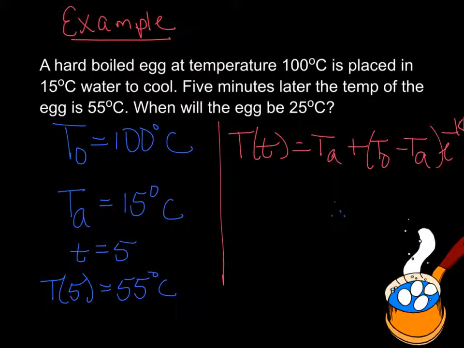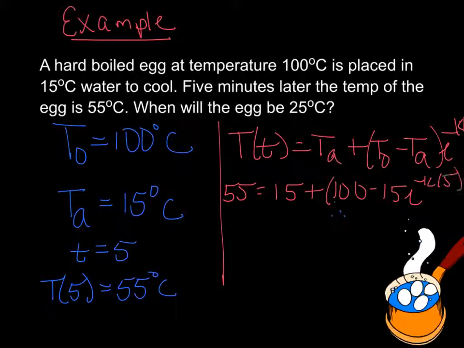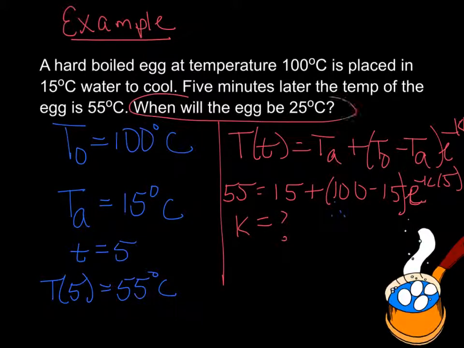Now, if you plug everything in, you know that T of t is going to become 55, T a is 15, T naught is 100, minus 15, e to the negative k times 5. So basically, they give all this other information in the beginning in order to find k. And once you find k, then you can answer this question.